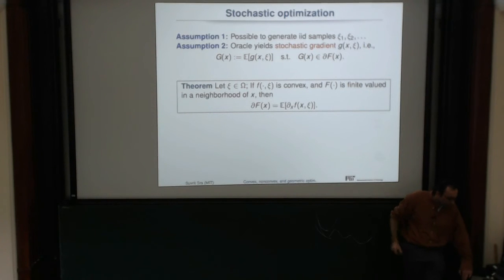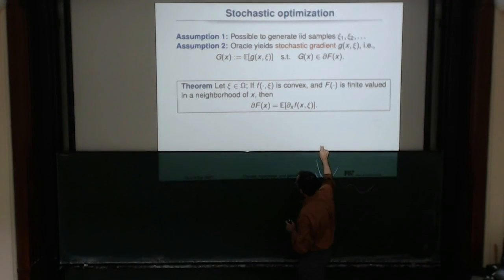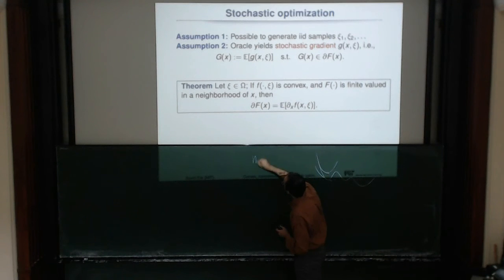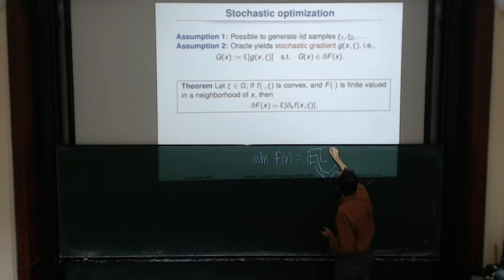What we are trying to minimize here is really capital F of x equal to the expected value of little f of x comma i.